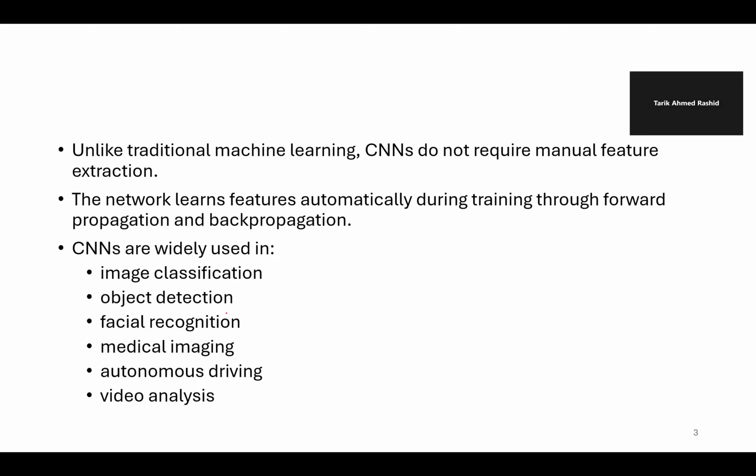CNN learns features automatically during training through forward pass and backward pass of backpropagation algorithm. CNN are widely implemented in image classification, object detection, facial recognition, medical image, autonomous driving, and video analysis.